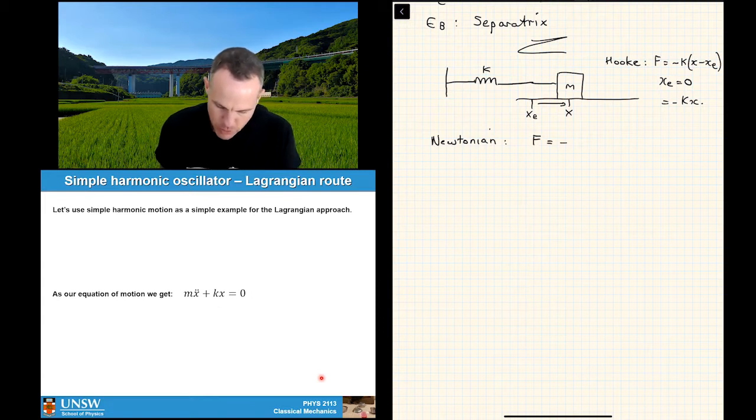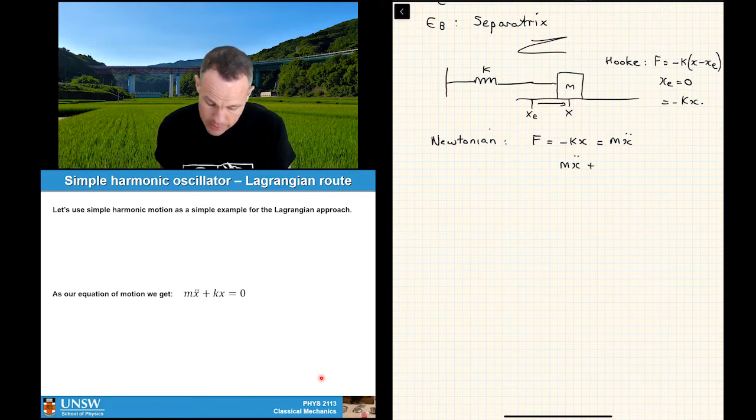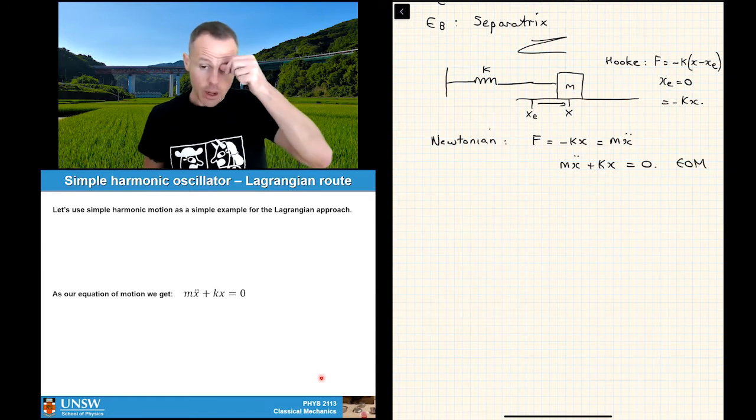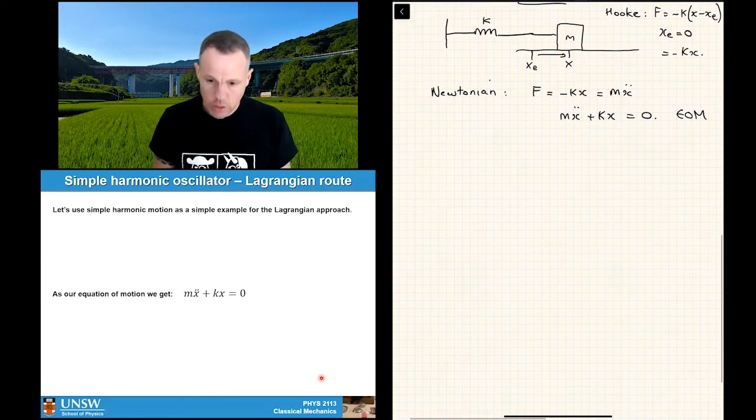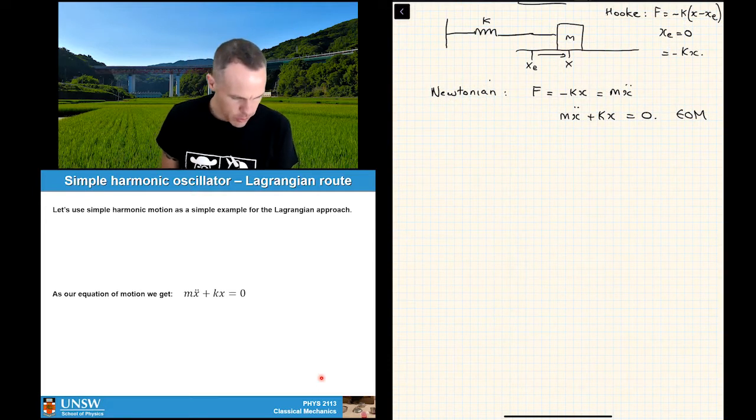F is equal to minus kx, and that's equal to m x double dot. And of course we can pull this out: m x double dot plus kx is equal to 0, and this would be our equation of motion, okay? Very, very easy thing to do in Newtonian mechanics, and it's the main reason why we do it that way, because it's the easiest approach.